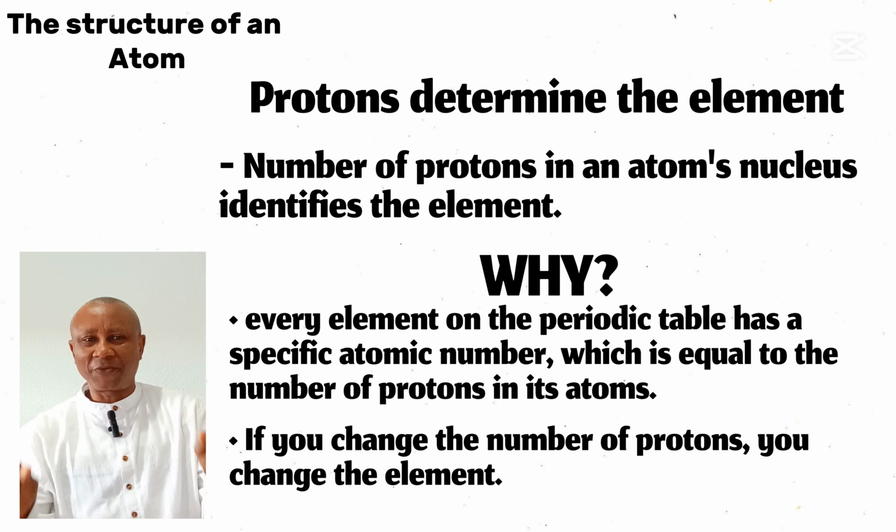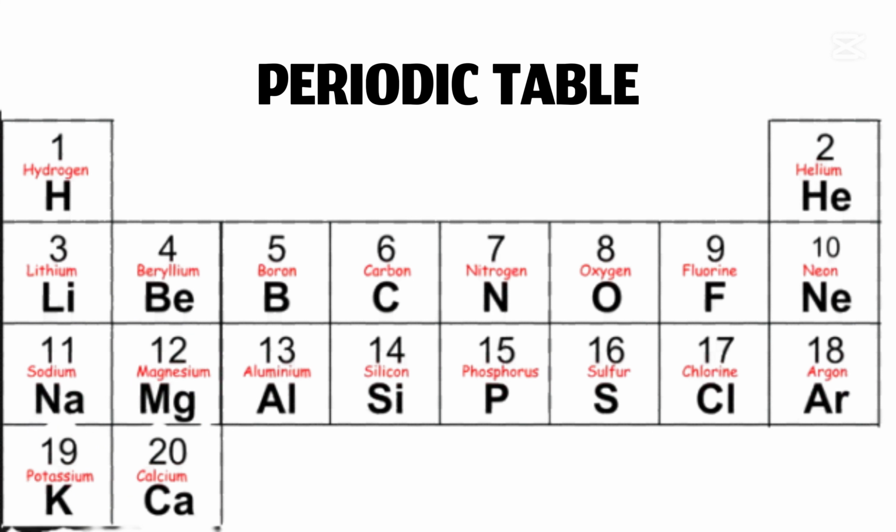If you look at a brief table of the periodic table, you see that hydrogen occupies number 1, helium occupies number 2, and other elements also. Carbon occupies number 6, oxygen number 8, neon number 10, magnesium number 12. So every element has a unique position in the periodic table.